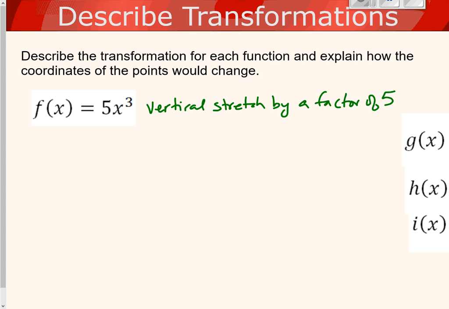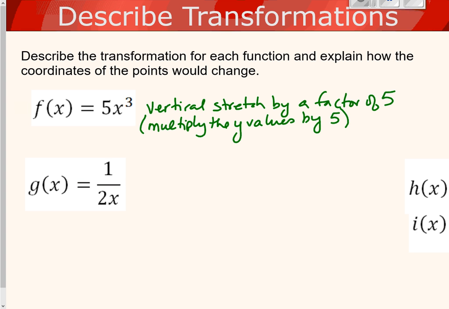And how it actually changed the points is we multiply the y values by 5. Okay, so since it's going to be vertical, if you think about vertical, our y-axis is vertical, so it's changing our y values.